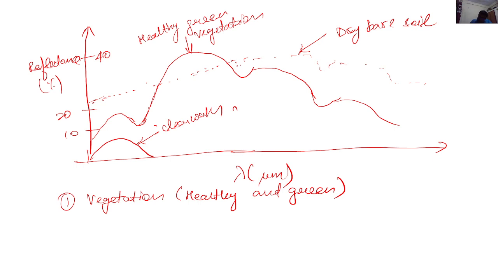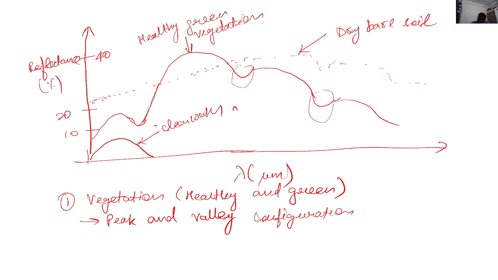As you can see, healthy green vegetation shows a peak and valley kind of response, so we popularly call it the peak and valley configuration. There are some dips here. The first dip happens here, second dip, then again a third dip.